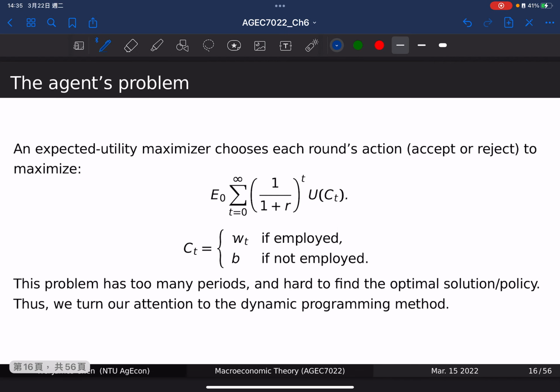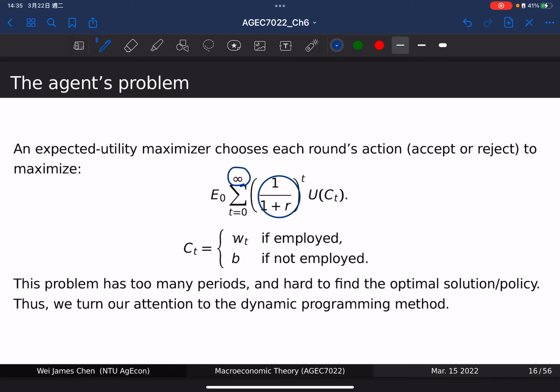And this is the utility that this person has. Because it's an infinite period model, the utility is summed over an infinite number of periods, and we discount each period with a discount factor, or basically a discount rate.